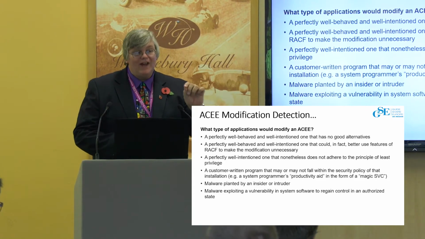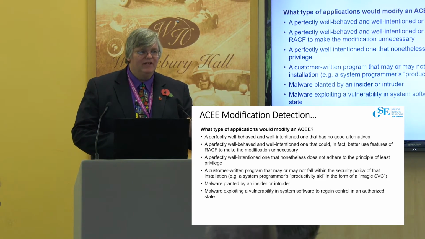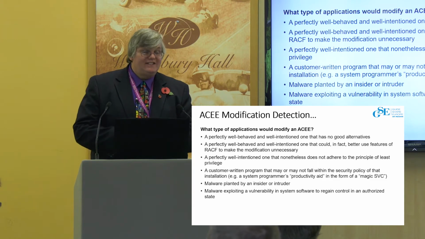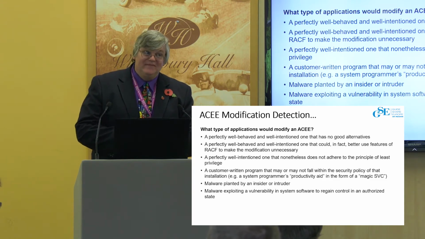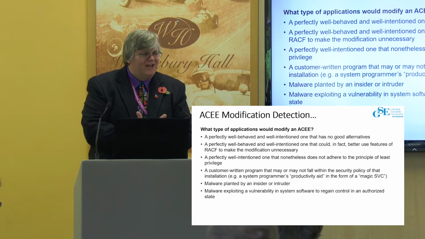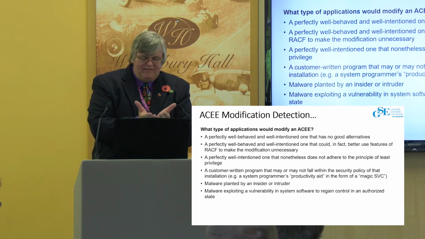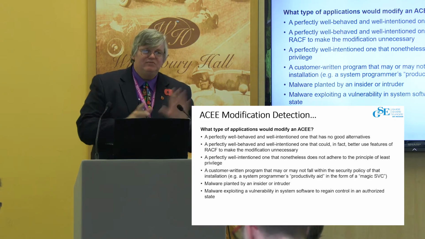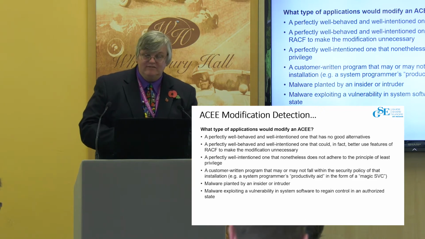In order for you to have done that, you had to be running key 0. Right? You had to be able to do that. In a sense, you didn't change the ACE. Right? You presented a perfectly valid, I'm trying to think of a currency example. You presented a perfectly valid 5-pound note, but it wasn't yours. It was somebody else's. Yeah, RACF, this will not detect that. Good point. I like that.